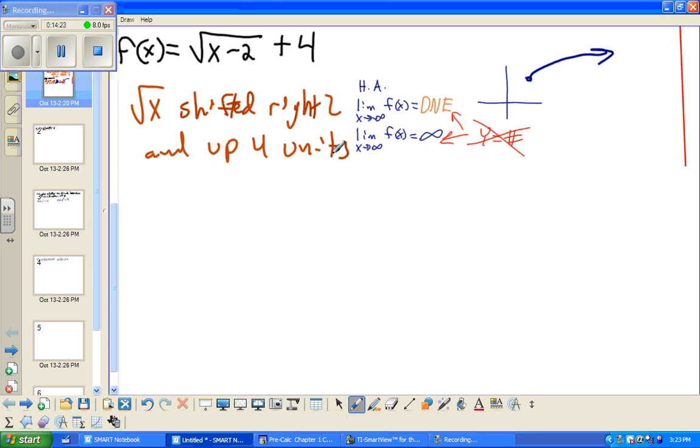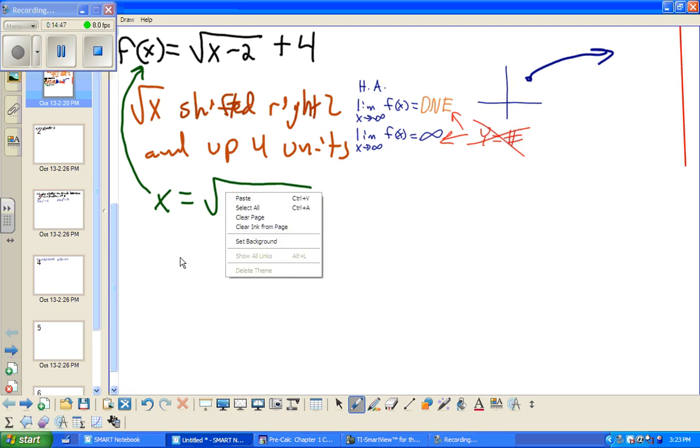I could also ask you what the inverse of this function is. Remember, when you're finding the inverse, you're going to switch the x's with the y's and the y's with the x's. Remember, f of x is just like saying y. So I'm going to switch that with an x. And then that x that's inside the square root, I'm going to switch that with a y.